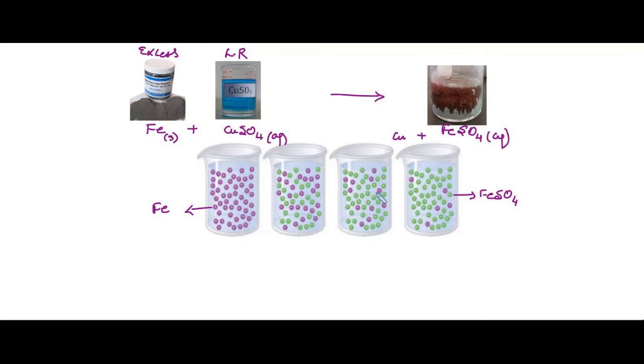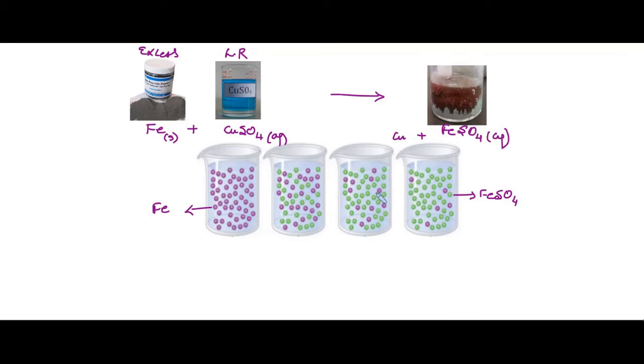But as time passes by, the amount of reactant molecules will decrease. Obviously, that will be reflected in the rate of production of FeSO4 as well, meaning as time passes by, the rate of reaction will slow down. I'll repeat again. Initially, the reaction rate will be really high because there are a lot of reactant molecules. As time passes by, the reactant molecules get slowly reduced, so the production of iron sulfate also gets reduced.